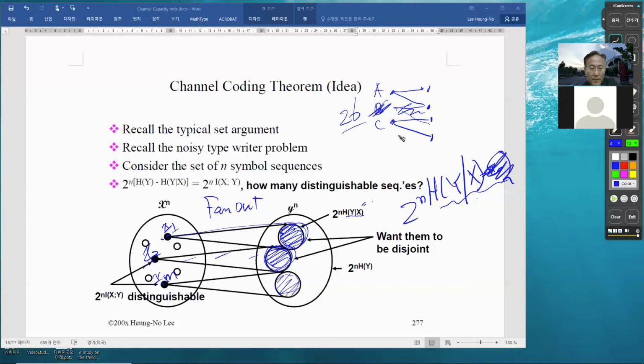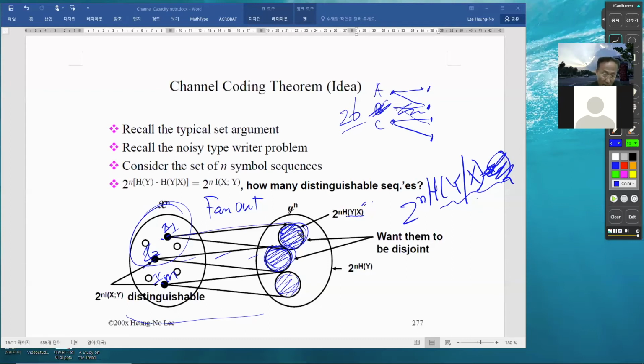So now, just to imagine a more complex version of the noisy typewriter problem. Given the input, you have a fan-out of outputs. If we select the inputs in such a manner that those fans of output do not overlap with each other, then we don't make decision errors, right?